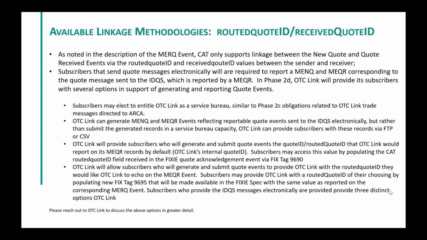In effect, all it's going to do is map the new quote event to the quote received event. The only materiality of the routed quote event is essentially to create a stateless event concept to reflect that one routed quote ID. So there's, again, no matching between any of the criteria between the received and the new event other than the routed quote ID.